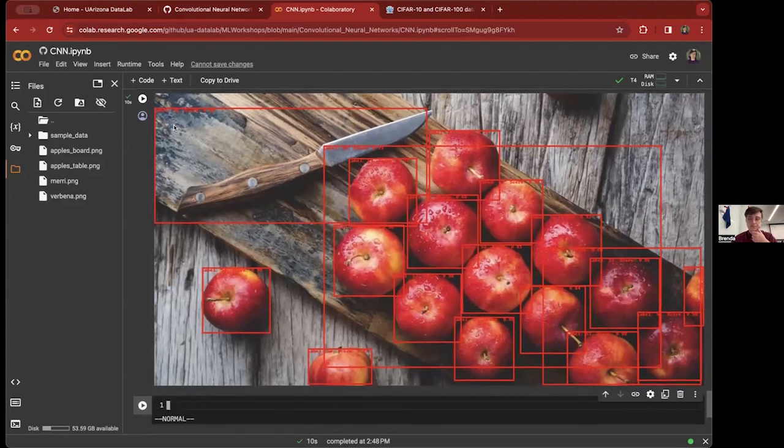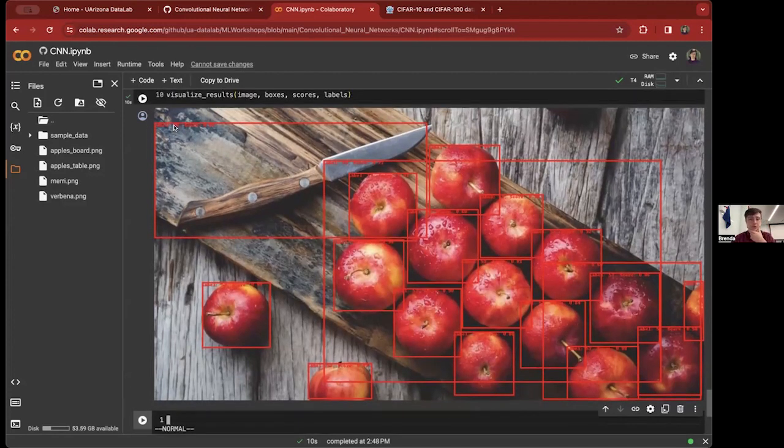So if we were to look it up in however many classes it was trained on, we could double check that this is actually correct. And you can see that it's also getting these individual apples. So it does have one for pretty much every apple on the board, but then it has this additional bounding box that's saying, okay, everything in here is also just one apple. And that's only 73% thresholding.